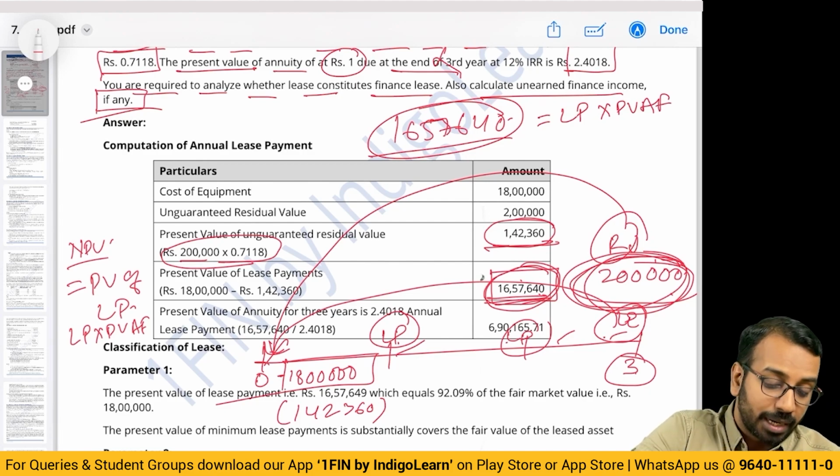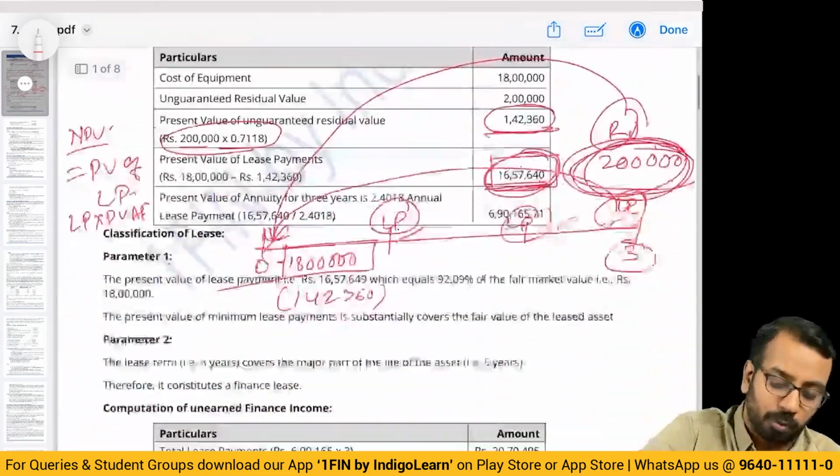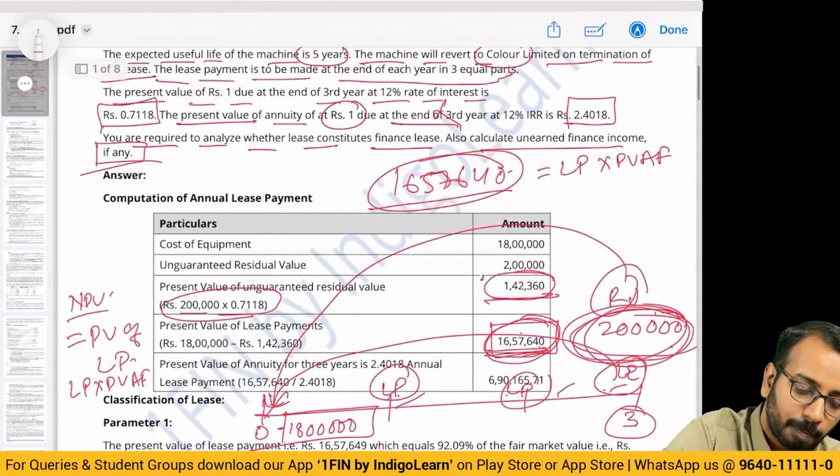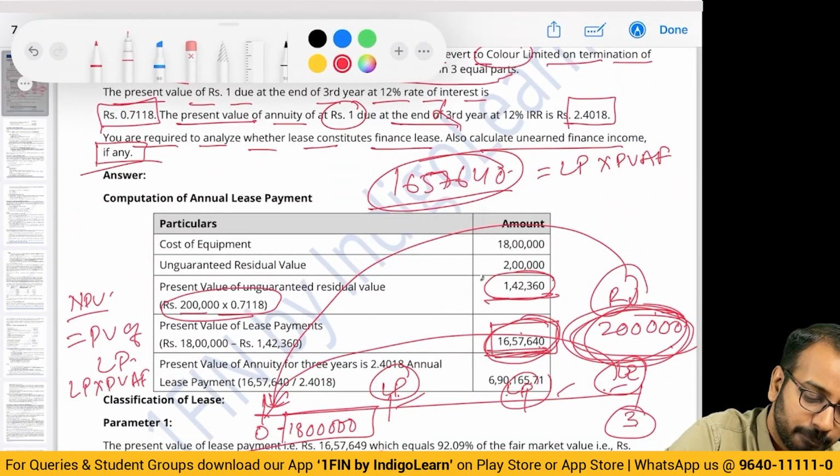If you are getting confused while doing this question, one more angle you can use: I'll just add one more dimension.